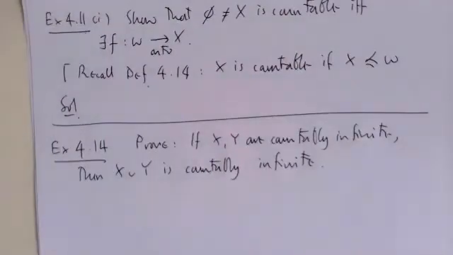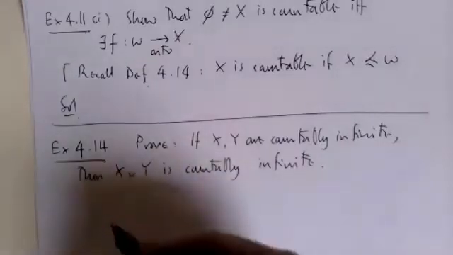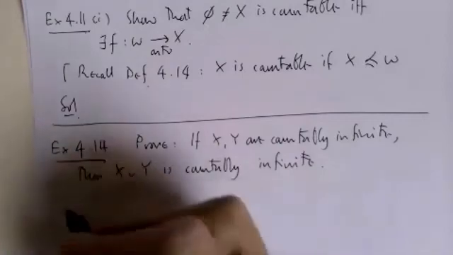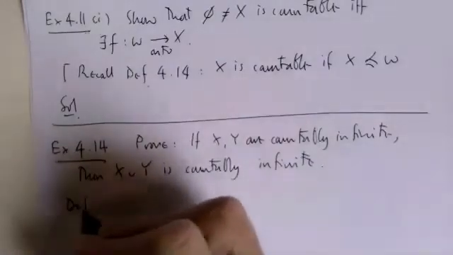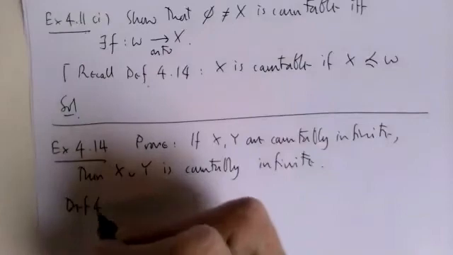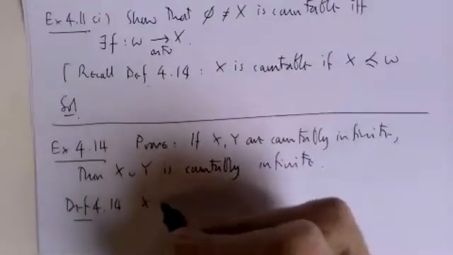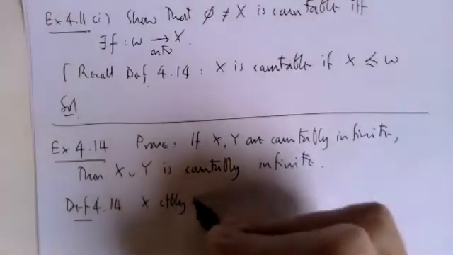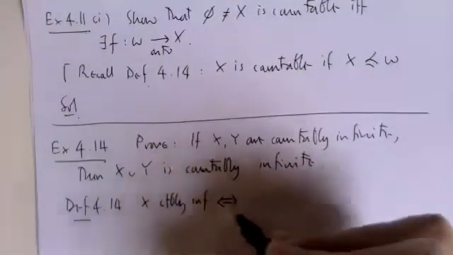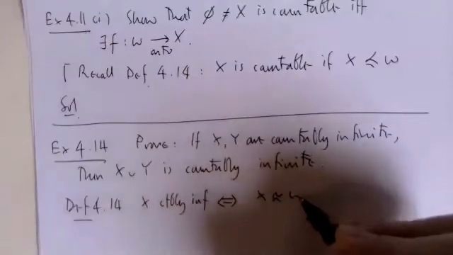Okay. So being countably infinite means, again, same definition. Happens to be definition 4.14 as well. So x is countably infinite. This is defined to mean x is bijective with omega.